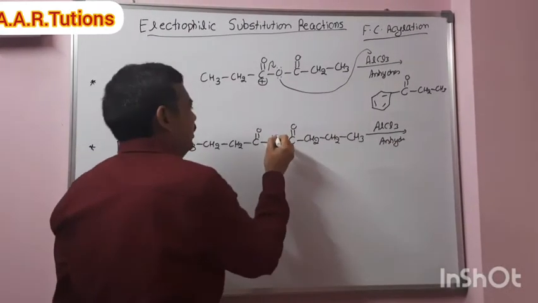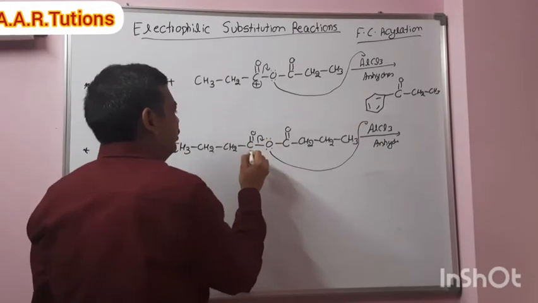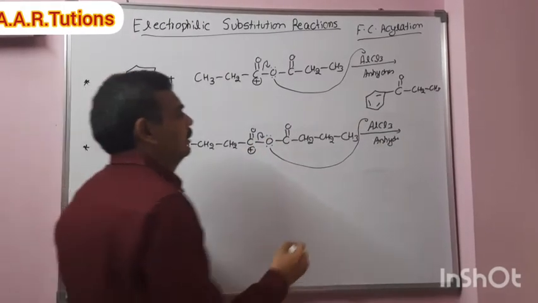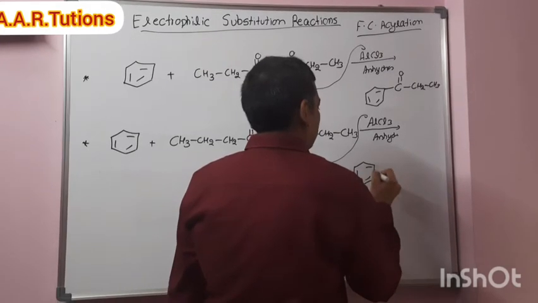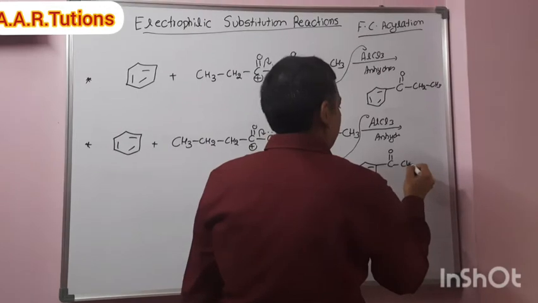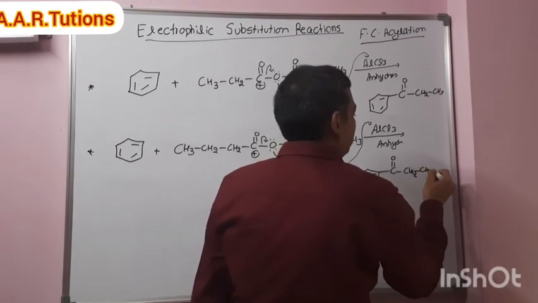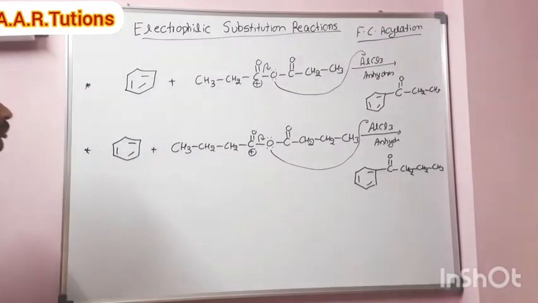So what will happen? Oxygen forms a complex, shift of electrons from here to here. This is the electrophile. We'll write directly the product. The product formed is CO, CH2, CH2, CH3. Propyl phenyl ketone.